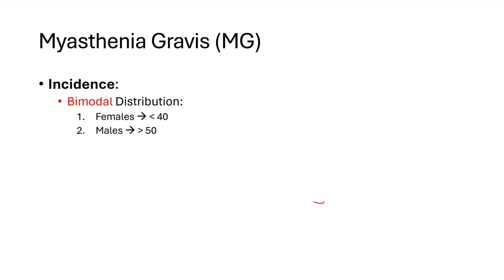Now, myasthenia has a bimodal distribution, typically seen in young females, less than 40, with peak age onset of 20 to 30 years old, and males greater than 50, typically seen in males between 60 to 70 years old. There are 2 risk factors that you should know for MG. HLA-B8 is one of them. The human leukocyte antigen system helps the immune system distinguish self from non-self.